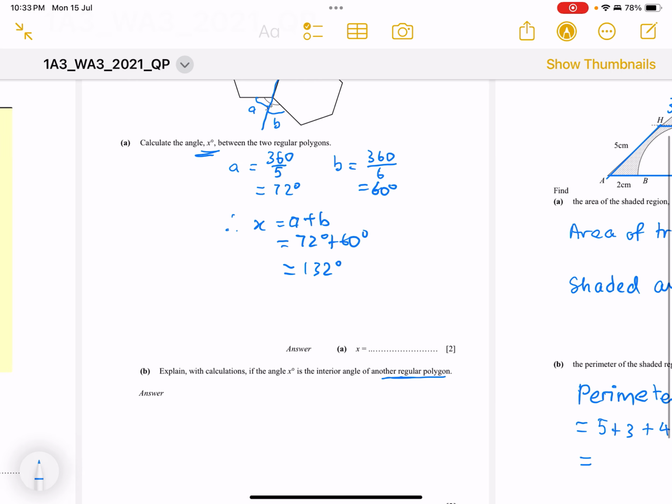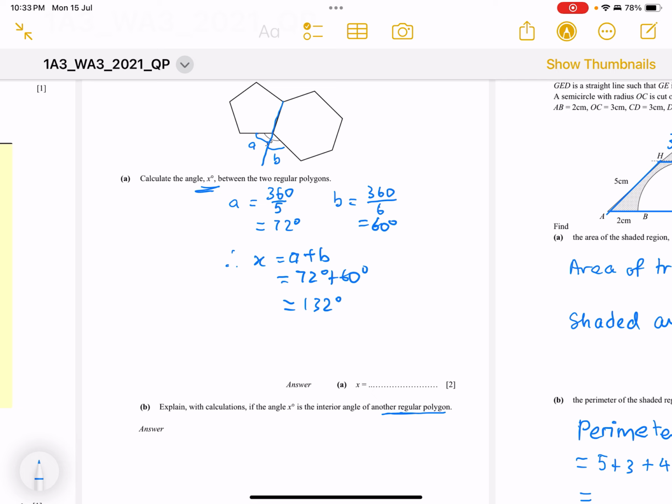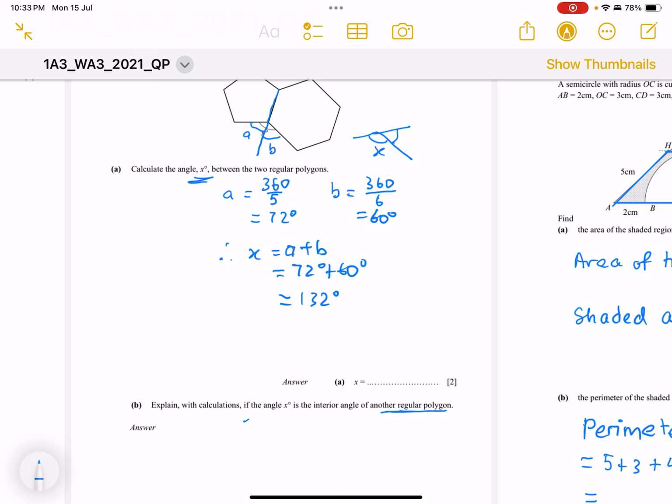We can first find the exterior angle of the regular polygon. Imagine that this is the regular polygon with X. So now the exterior angle is 180 minus X. Which is 48 degrees.